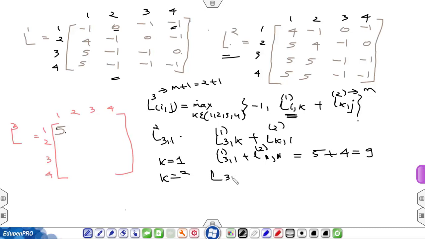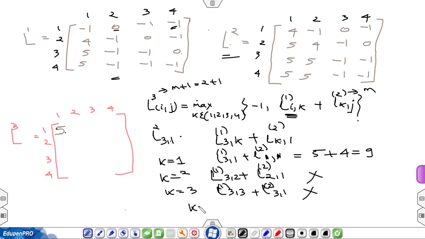For k equal to 2, this will be L of 3 comma 2 and 2 comma 1 of matrix 2. So 3 comma 2 is negative, invalid. For k equal to 3, L of 3 comma 3 plus L of 3 comma 1 of matrix 2. L of 3 comma 3 is negative, invalid.